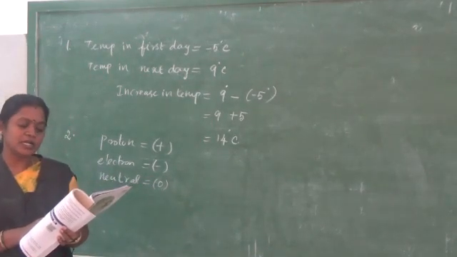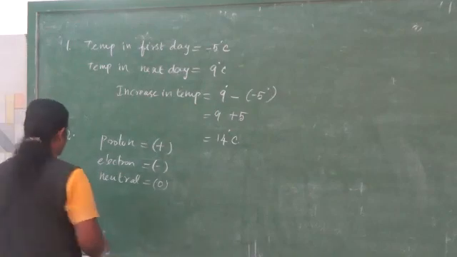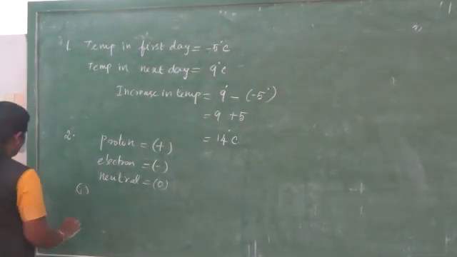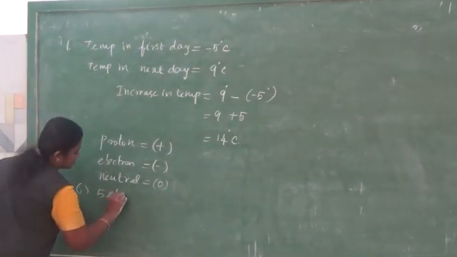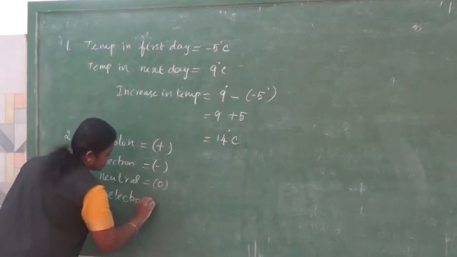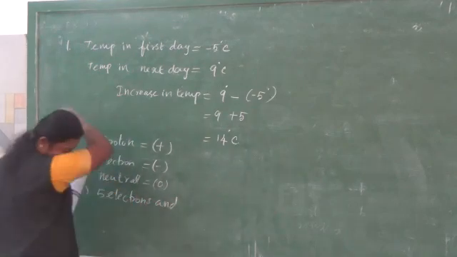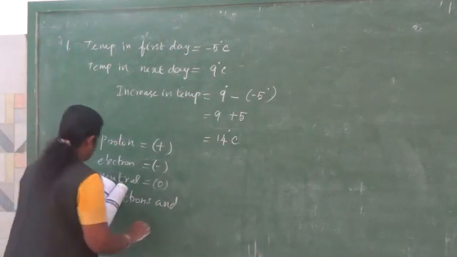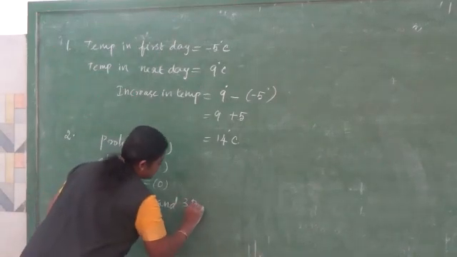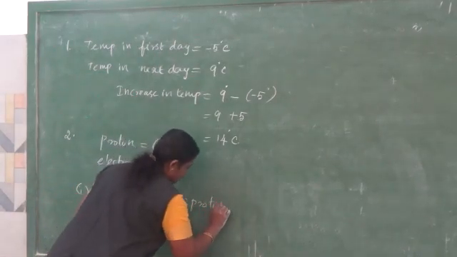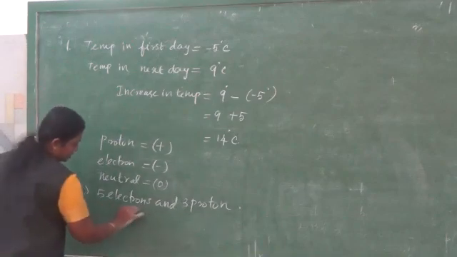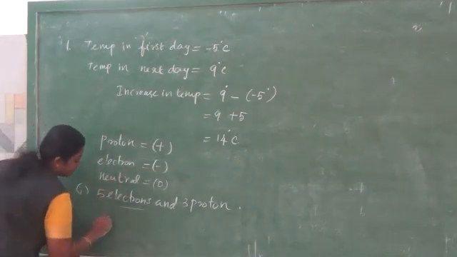Now determine the net charge. First option is given to us: 5 electrons and 3 protons. Now, as I told, electrons means negative sign.